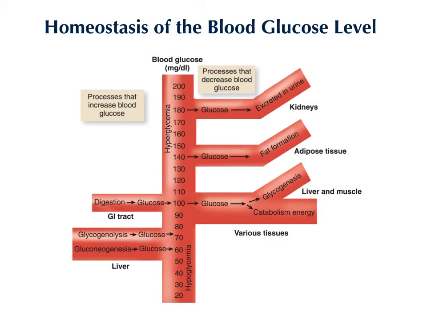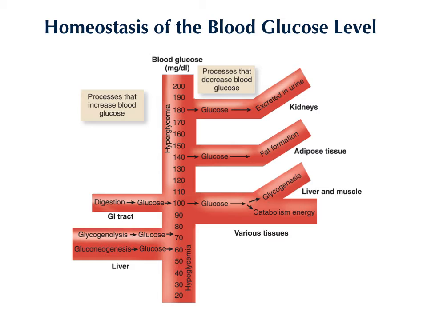When your blood glucose levels dip below that normal range of 80 to 90 milligrams per deciliter of blood glucose, then your liver cells will increase the rate at which they convert your glycogen into glucose. And conversely, when your blood glucose level increases above this, your liver cells will increase the rate at which they remove glucose molecules from the blood and convert them to glycogen for storage.